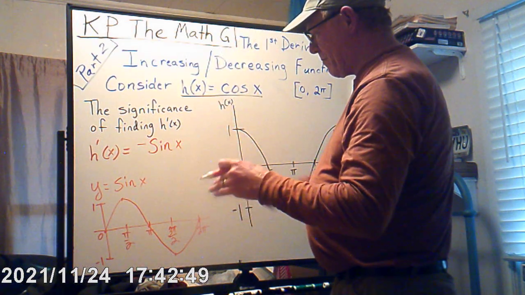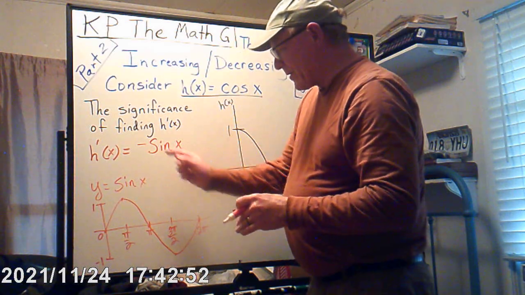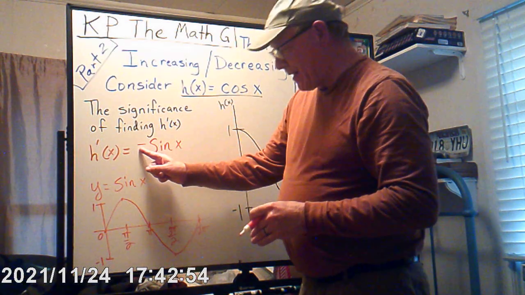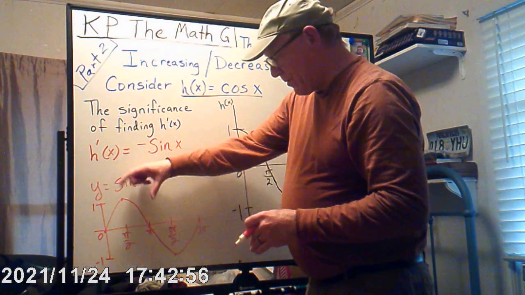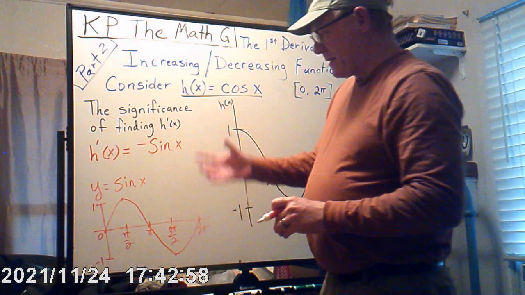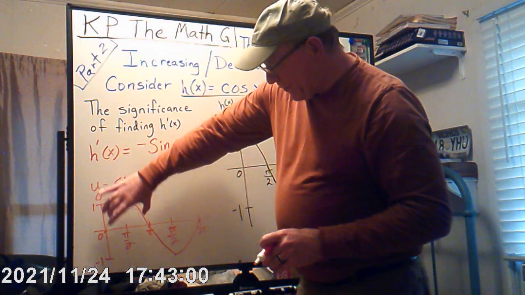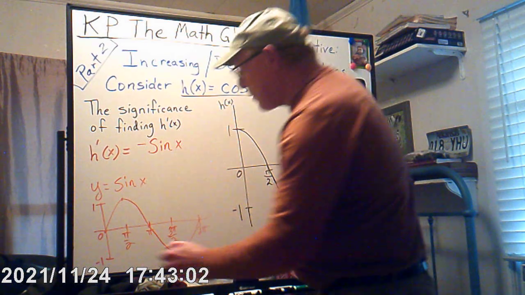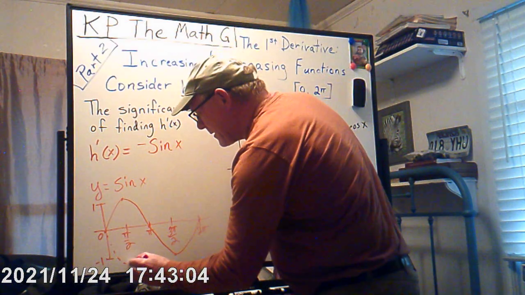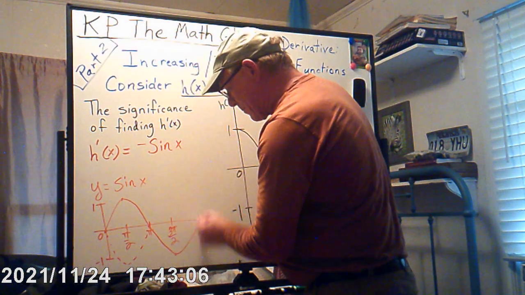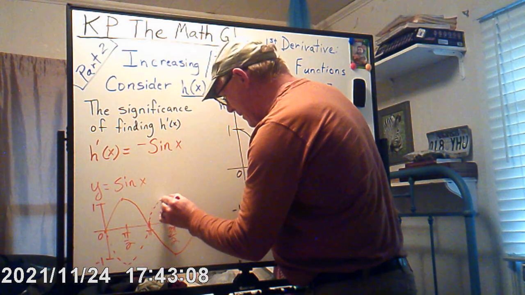Alright, so remember now, we're not graphing sine, we're graphing negative sine. So what that means is that whatever is above here will now be dipped below here like this, and whatever is below here will come up like this.